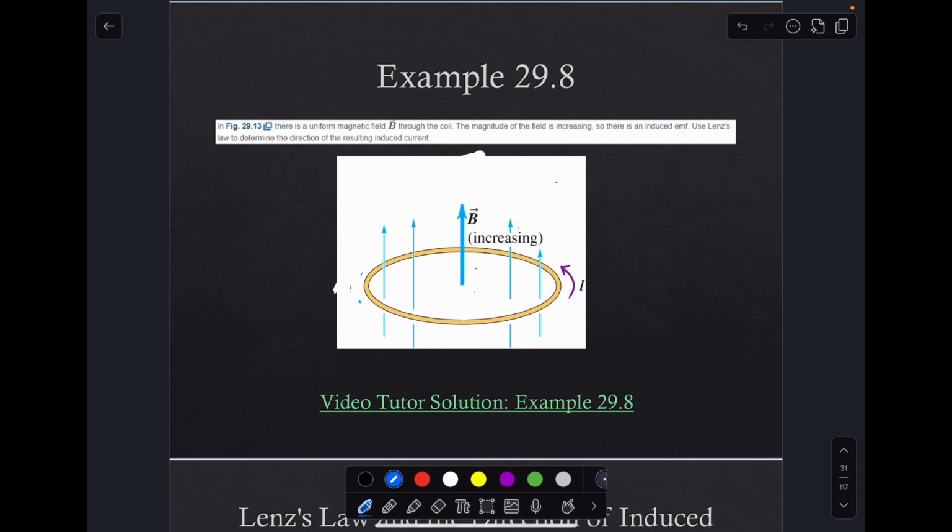So let's look at this example. Let's do the same thing. We have a loop. We have a B field pointing up, and that B field is increasing with time. So what direction should B induced be to oppose the increase?